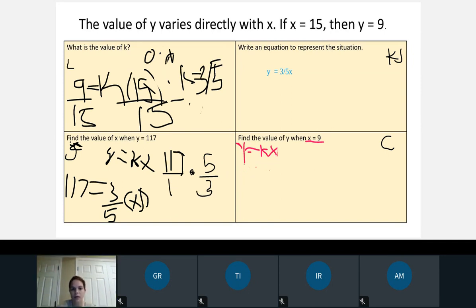Okay, and then Cheyenne, you can go ahead and plug yours in. So we don't know what y is going to be. So leave y. Leave y alone. And then you know what k is. And then you know what x is.